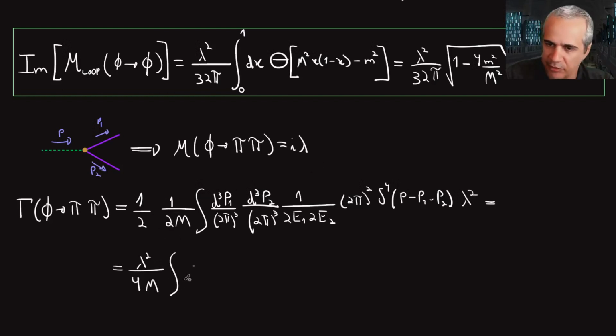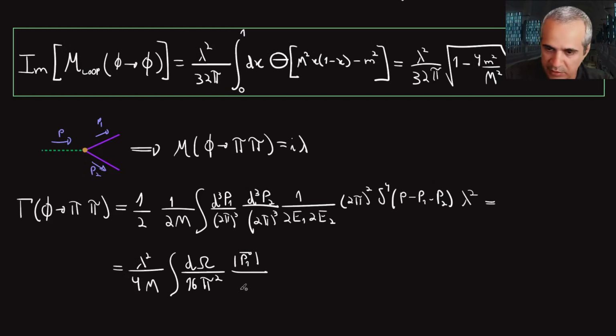The integration over 4 of the 6 variables here will leave us with a d omega, which is the solid angle, over 16 pi squared p1. Again, I don't care if I choose p1 or p2 because in the rest frame they are the same, since this particle and this particle have the same mass. The energies and momentum will be the same in that frame.